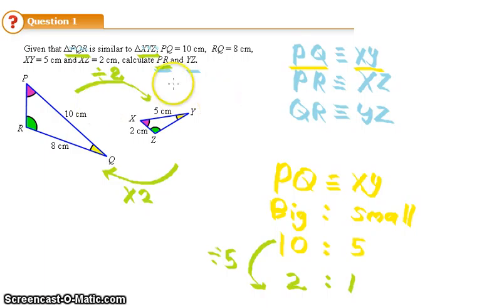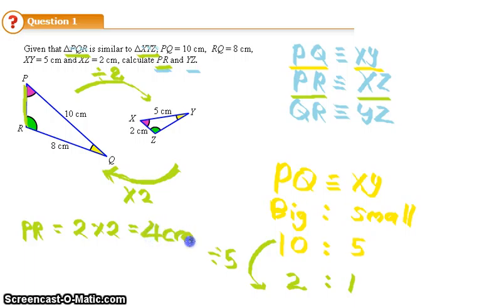PR corresponds to XZ, and XZ is 2. If it's 2 cm, when you move to the big triangle, you need to times 2. Therefore, PR is equal to 2 times 2, which is 4 cm.